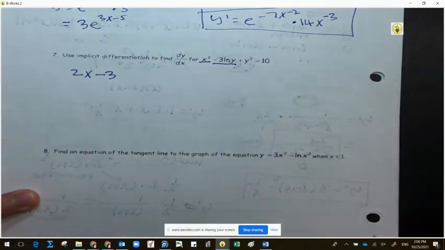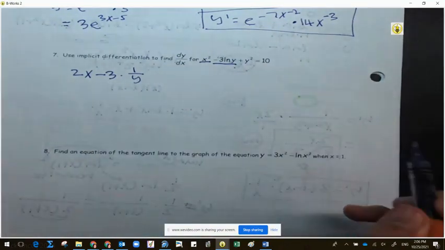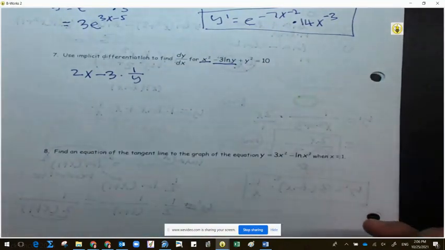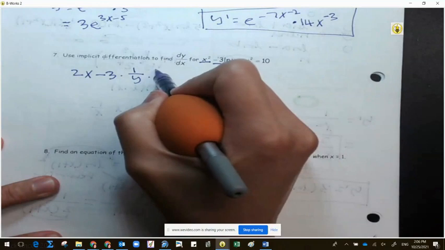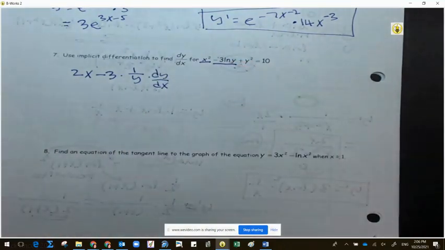But we know the derivative of natural log of y is 1 over y. Now, anything that's changed with a non-x, we need to put in dy over dx. If we differentiate anything with the x, you leave it alone. Anything else, you have to put d that letter over dx.